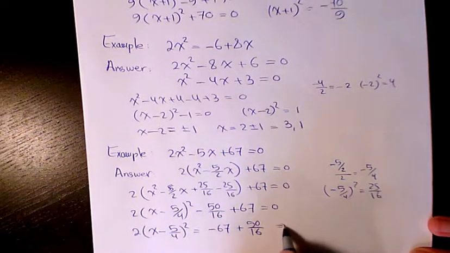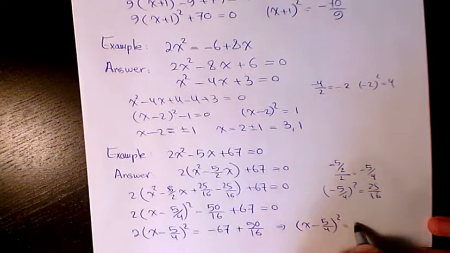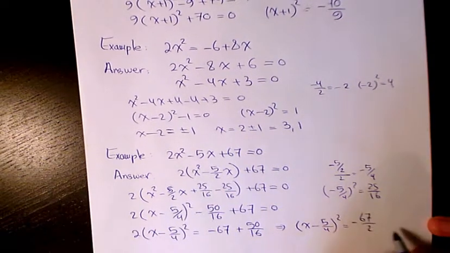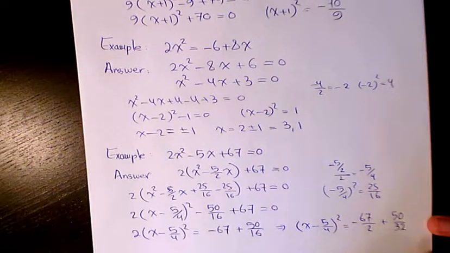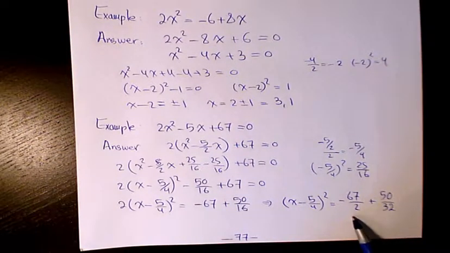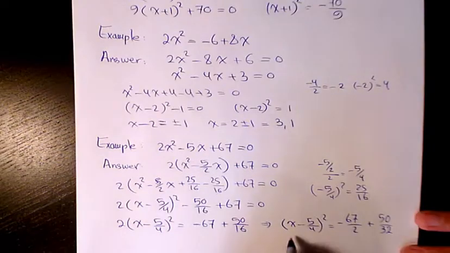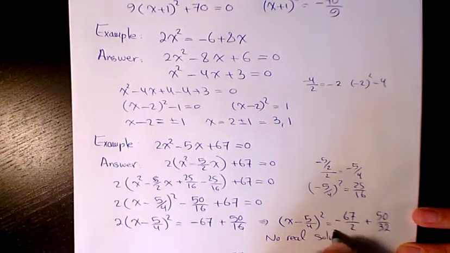And if you divide it by 2, it's going to be x minus 5 over 4 squared equals negative 67 over 2 plus 50 divided by 32. And since this one is going to be negative, there is no real answer to this solution. So we have no real solution.